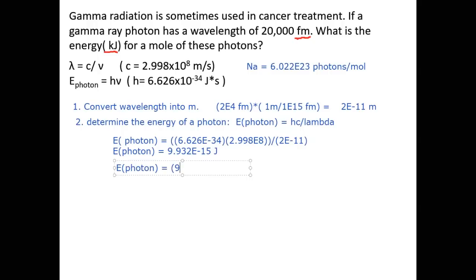I'm going to divide by 1,000. So when you divide, you subtract exponents, so this will be 9.932 e to the negative 18 kilojoules.